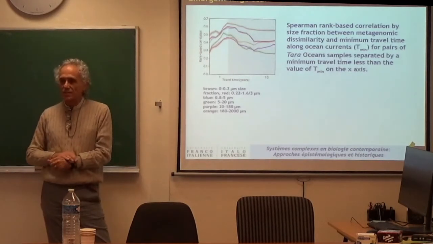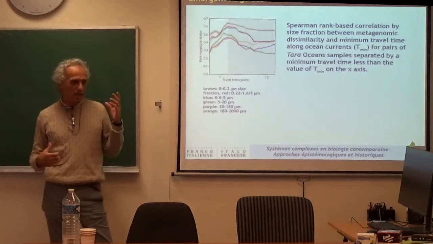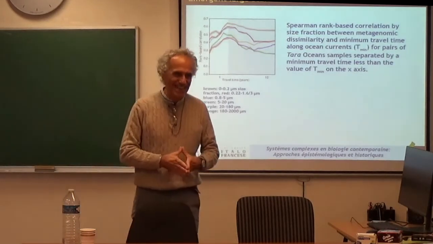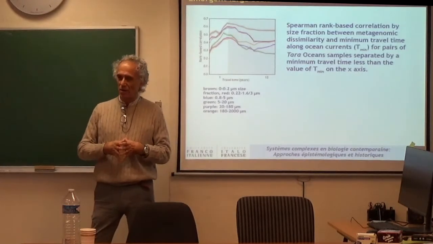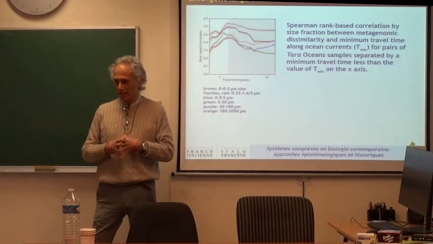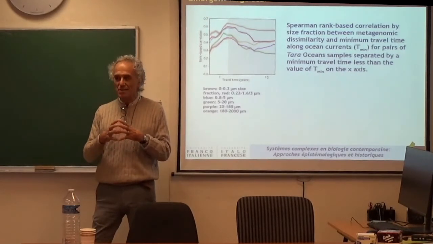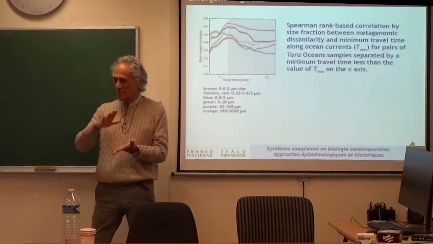So the beta diversity is decreasing in space-time, because the key message that they want to give you is that plankton is different from any other system on the Earth because it has no substrate. It is in a fluid medium which is continuously moving, so you cannot map on a specific place.